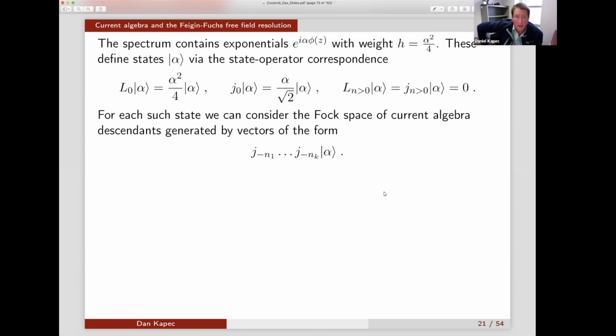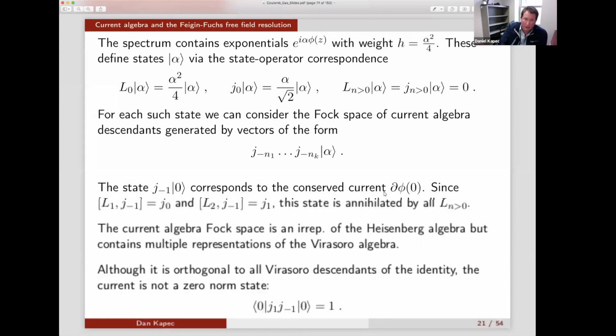Each of those operators defines a state on the cylinder by the state operator correspondence, and it's primary, so it will be annihilated by all of the positive modes of the Virasoro algebra and by all of the positive modes of the current algebra. And for each such state, we can just take all the current algebra descendants, and that is what I will mean by the Fock space associated to an exponential operator in the linear dilaton.